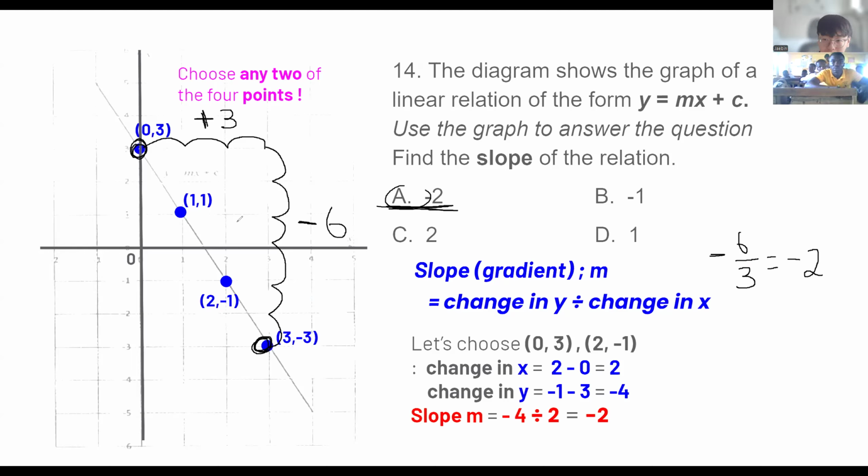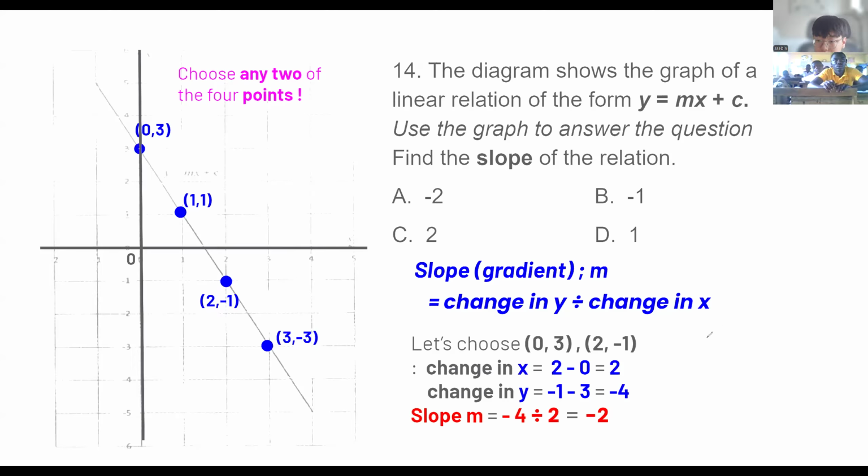Why is it negative 6? Yes, so it went down by 6, right? So it is negative 3 minus 3. The change in y is negative 3 minus 3.